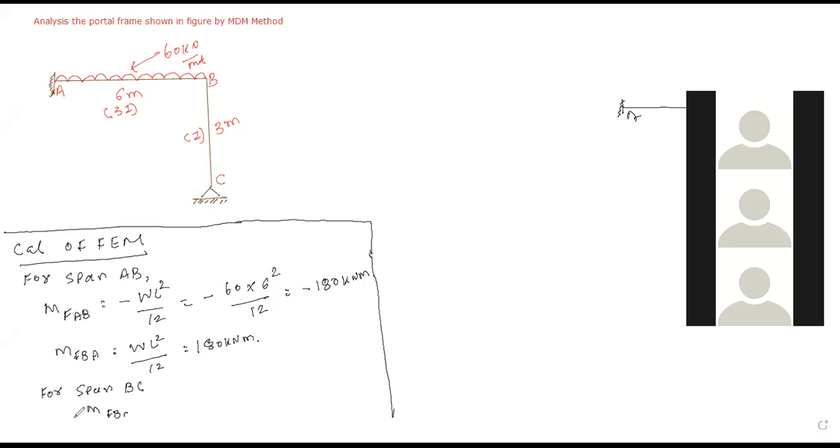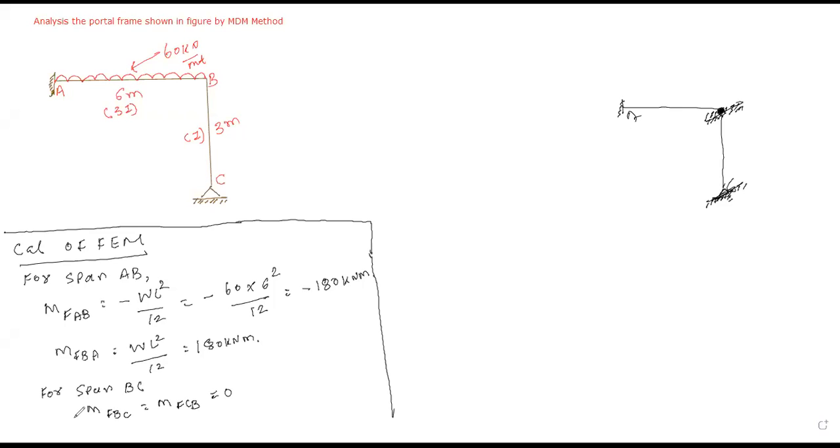MFBC is equal to MFCB. Both values should be equal to 0. Yes or no? I hope this is clear to all of you.